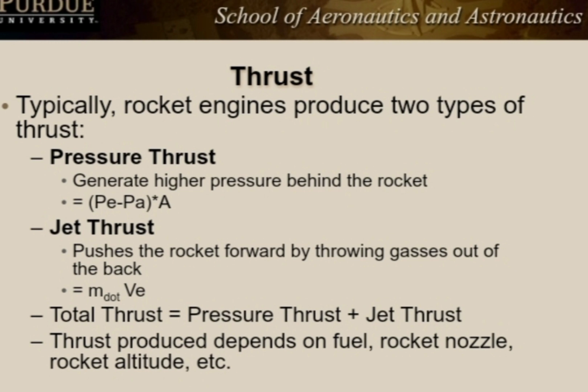Pressure thrust generates higher pressure behind the rocket, and its equation is exit pressure minus ambient pressure times area. A jet thrust pushes the rocket forward by throwing gases out of the back, and its equation is mass flow times exit velocity.